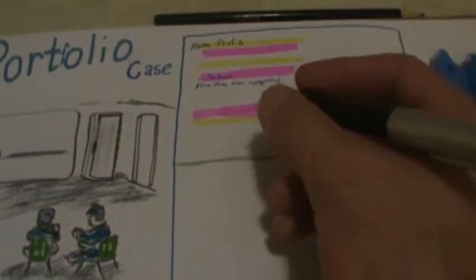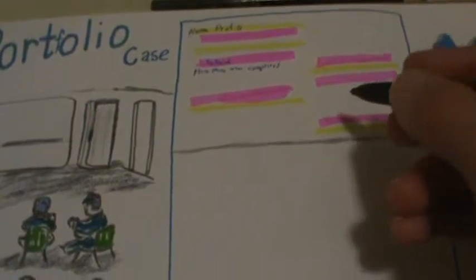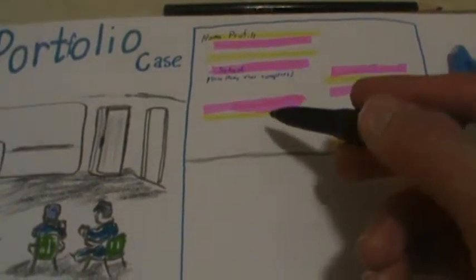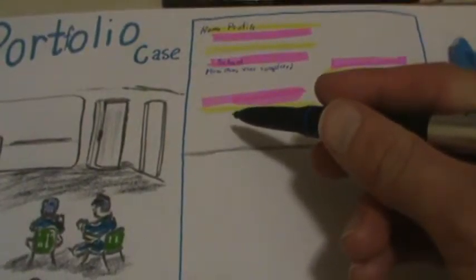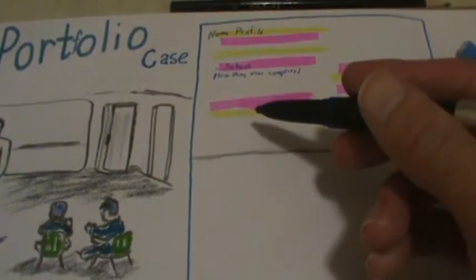Most of the time it's the person whose name it's under, and the types of information about that certain person.